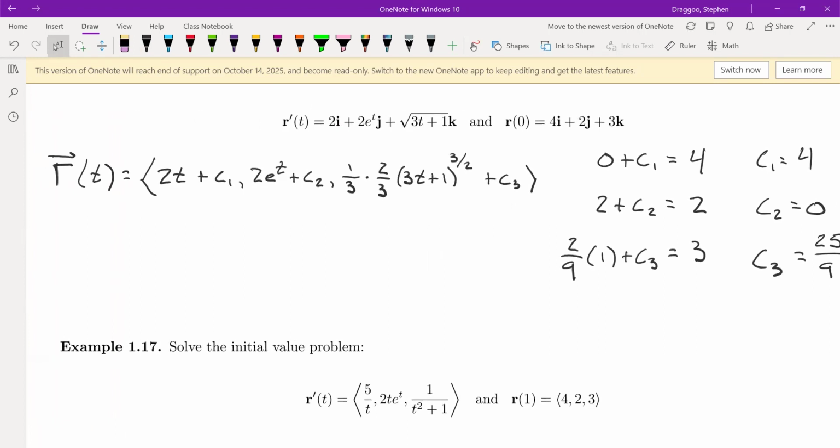So now that I know those values, R of t is whatever I get when I add them all up.